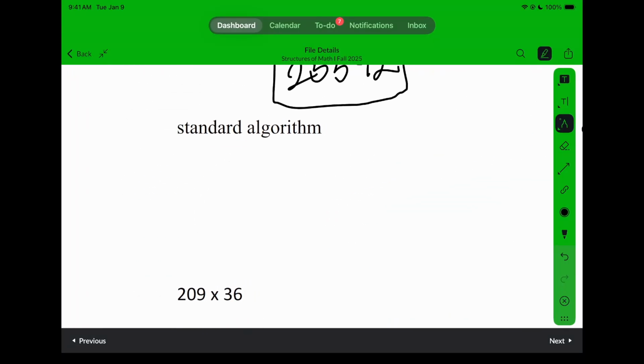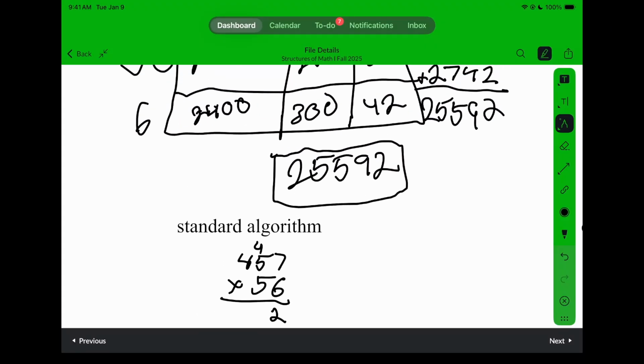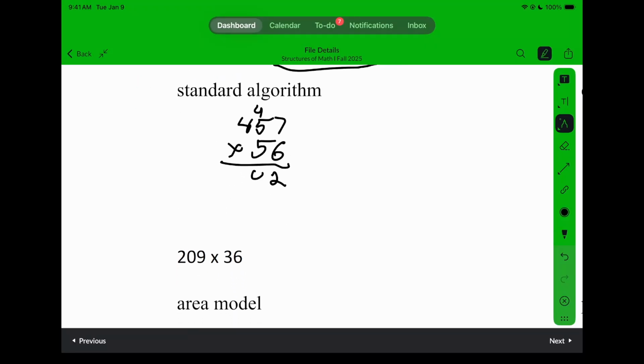Next we have the standard algorithm. 7 times 6 is 42. 6 times 5 is 30. 6 times 4 is 24. Then over a 0: 7 times 5 is 35, 5 times 5 is 25, and 4 times 5 is 20.